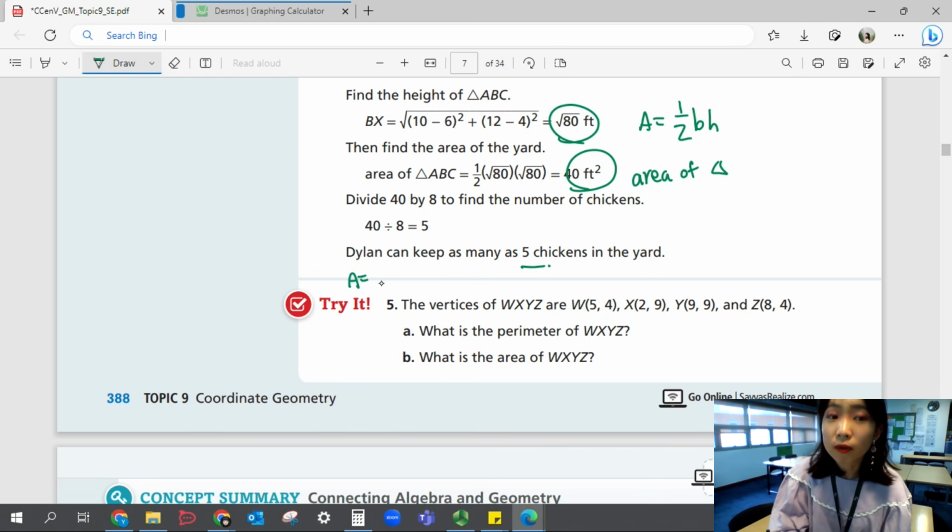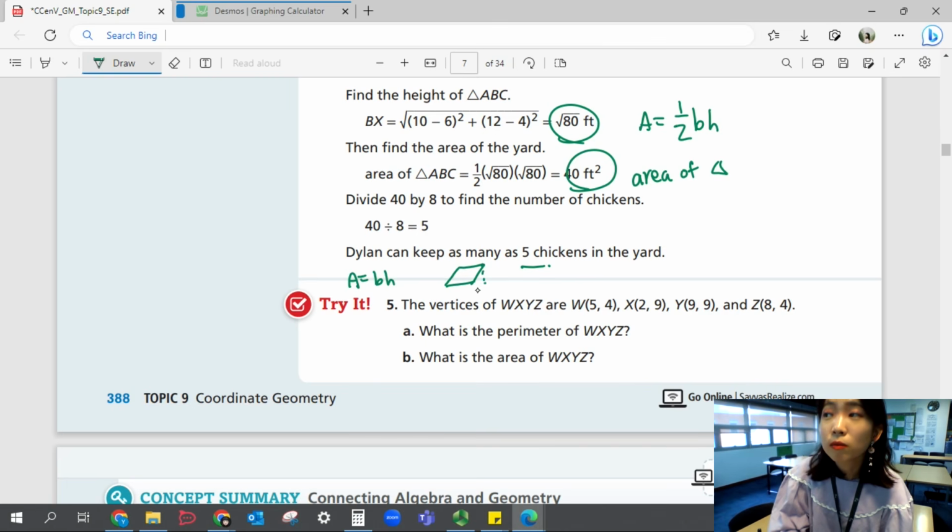If it's a rectangle, you can simply just multiply base times height. But if it's not a rectangle, and you have different angles, or if it's slanted, right? It's a parallelogram that is not a rectangle, then you need to figure out the height.